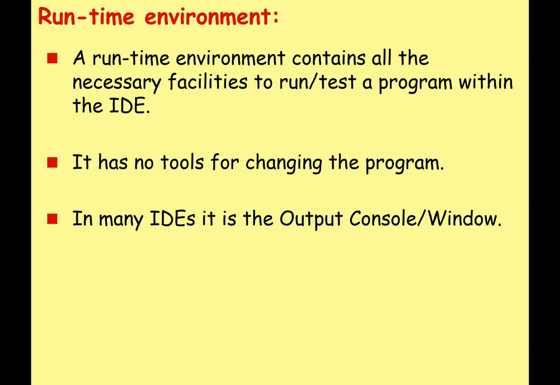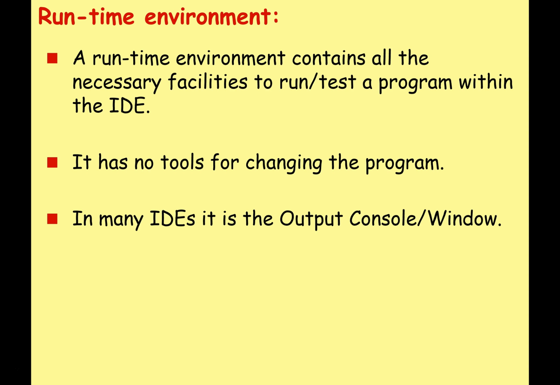It'll also offer a runtime environment. This contains all the necessary facilities to run or test your program within the IDE. So a runtime environment is all about running the program. It's not about changing or editing it; the IDE does that for you. But a runtime environment is all about making sure you've got everything you need to run that program.